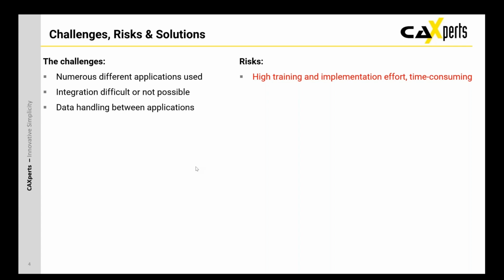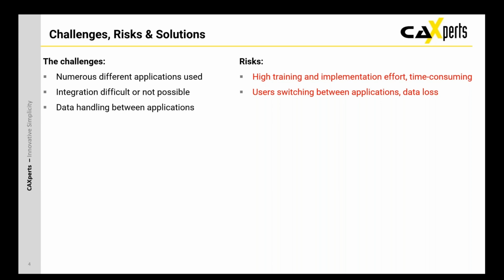And the other problem is that integration might be difficult, if possible at all. So the risk here is the users having to switch between the applications and transfer data in between applications.